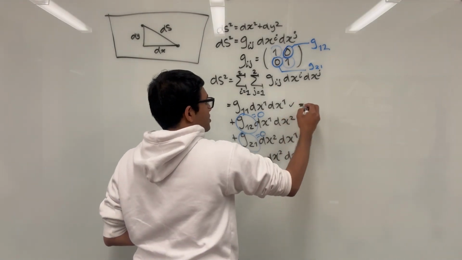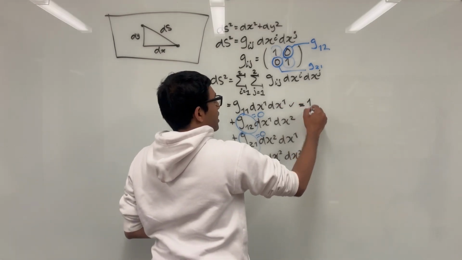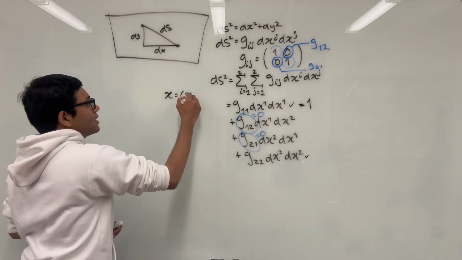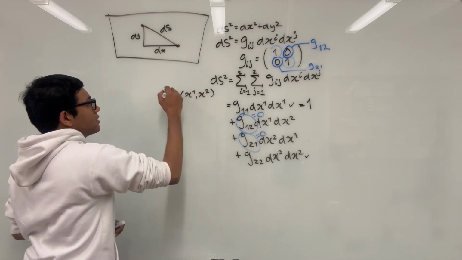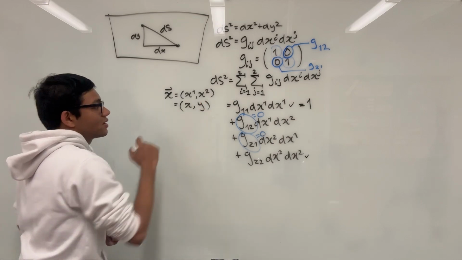And so what are these two terms? g_11 is simply 1, so I have 1. And then what is dx^1? Well, remember, x is some vector that's composed of the following, x^1 and x^2, where x^1 is x, x^2 is y.